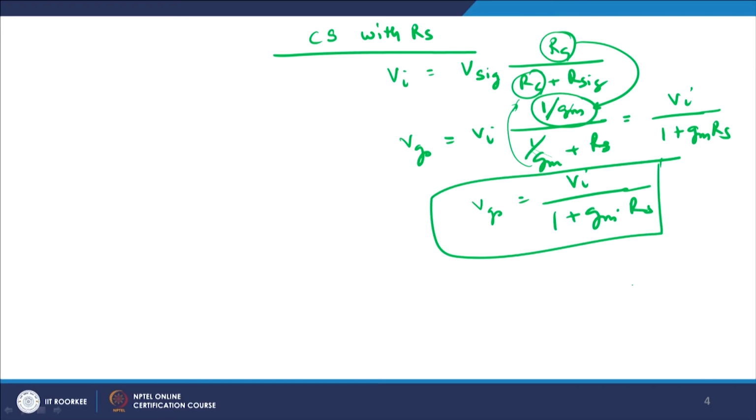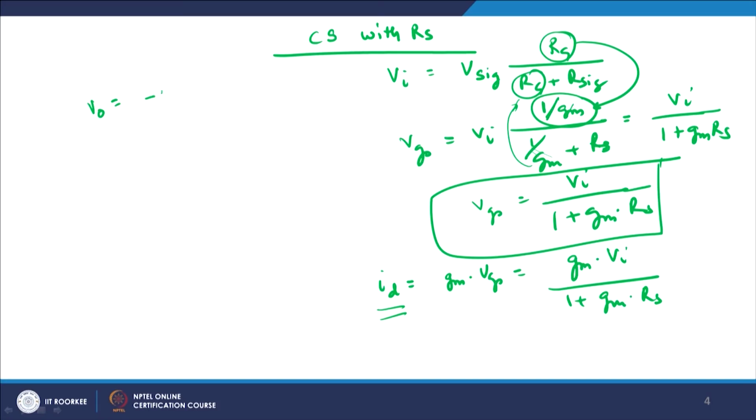This is the gate to source voltage. Therefore I can write down Id, which is the drain current flowing through the device, to be equal to Gm times Vgs. Vgs is nothing but this quantity, so Gm times Vi upon 1 plus Gm into Rs, right. This is what I get, and if I want to find out the value of V0, the output voltage, I just have to multiply Id with Rd parallel to RL.